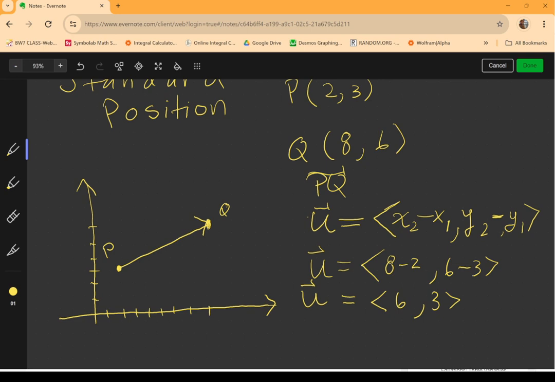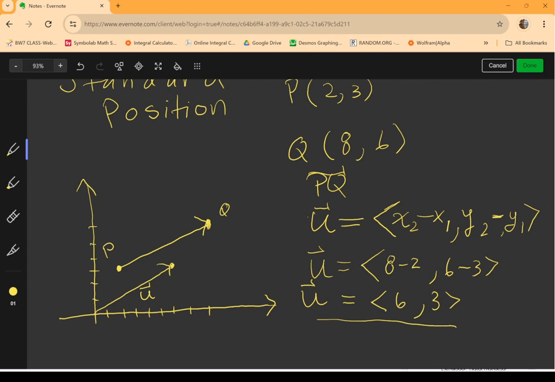Now notice that this vector u is what we call in standard position. So this is not a point. When I go to graph this, we'll go 6 in the x direction, 1, 2, 3, 4, 5, 6, and then 3 up in the y direction. So it's somewhere here. Like I said, it's not a point, it's a vector, but when written in this form, with the arrow brackets, the initial point is always going to be the origin. And this represents the vector u.